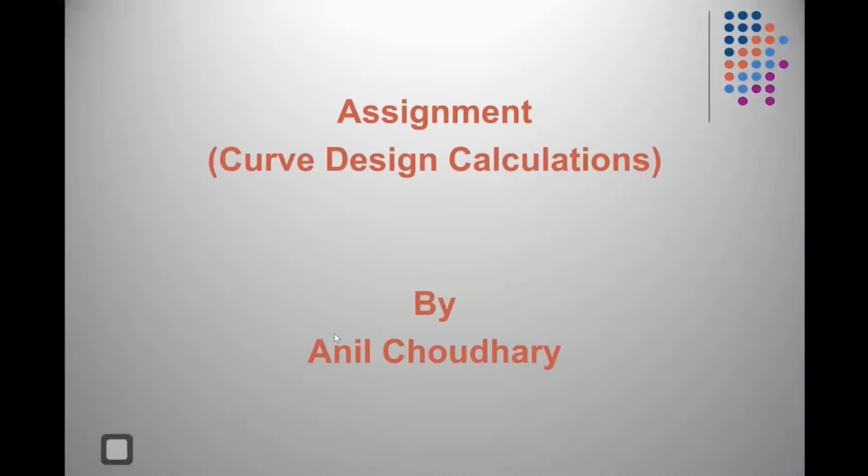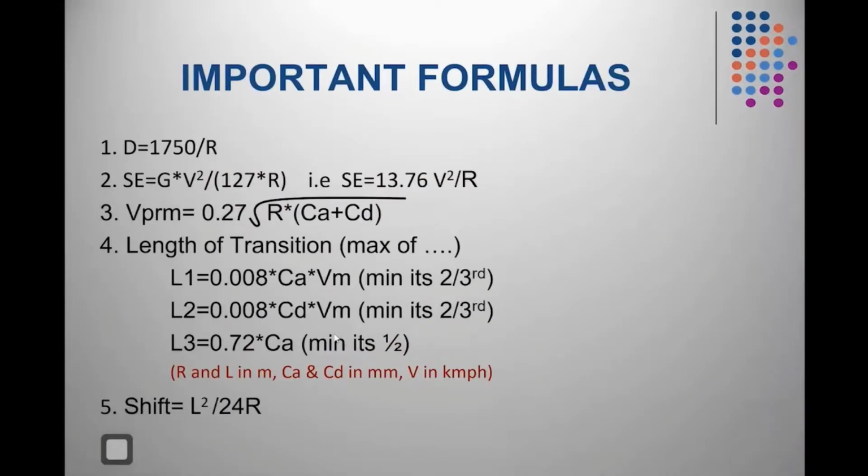These are different formulas which we discussed while discussing curves. We said degree is equal to 1750 by R. Super elevation is equal to GV square by 127 R. So if we have a curve, we have to find the super elevation. We know the radius, and we know the velocity of the fastest train or goods train. G is 1750, so these values are known to me.